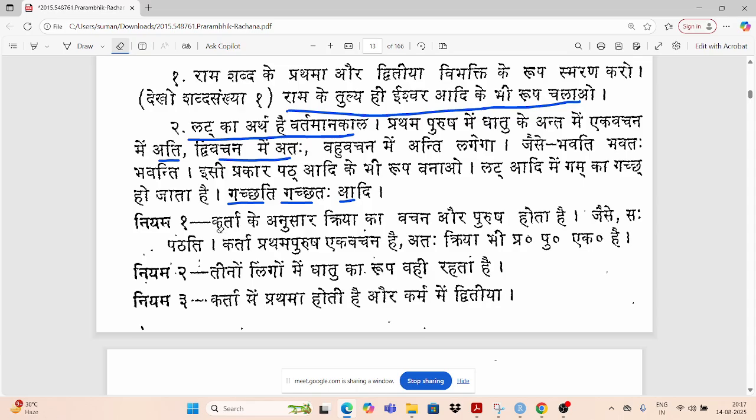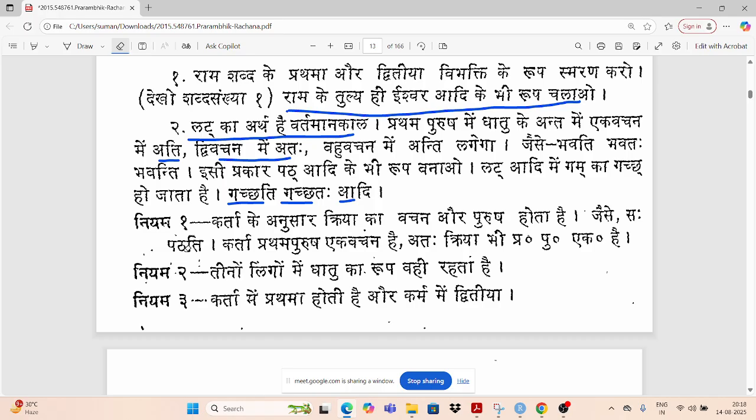Karta ke anusar kriya ka vachan aur purush hota hai. Very important. The number and person of the verb depend on the karta, like sah pathati. What does this mean? There are many kinds of shabdarupas. One is, of course, a third person kind of shabdarupa, Ramah, Ramau.